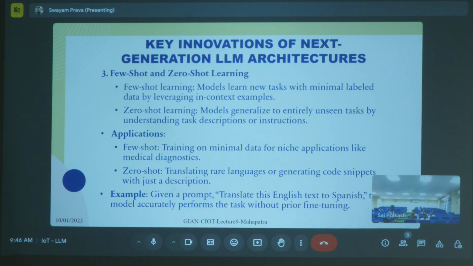And zero-shot is, again, translating very rare languages or generating code snippets with just a description. So say you give a prompt, translate this English text to Spanish, without giving any example to some model, and the model will try to accurately perform the task without any prior fine-tuning.